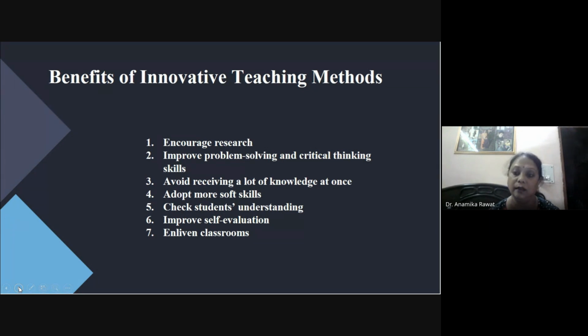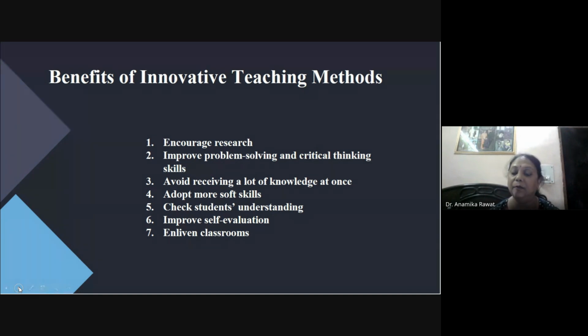By encouraging research in the class, every student has their problem statement, and with their problem statement, we have to identify the questions. So this could be a first benefit of innovative teaching methods. It encourages research continuously.